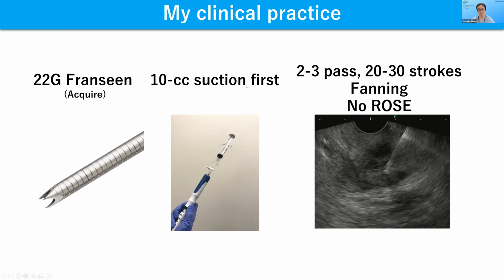And if the specimen is bloody, then in the next puncture, we use no suction or start slope. And we perform 2 to 3 passes without ROSE, and we always use the fanning technique to puncture the different side. And mostly we can get a good result of EUS FNA or FNB.